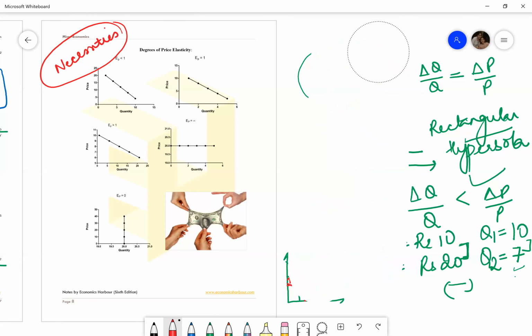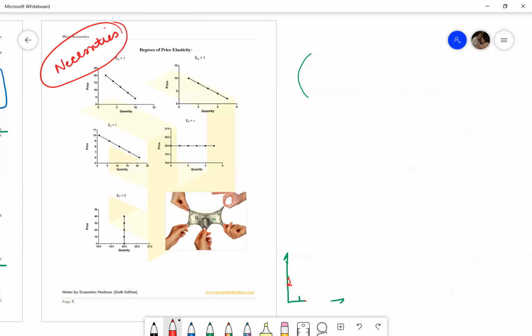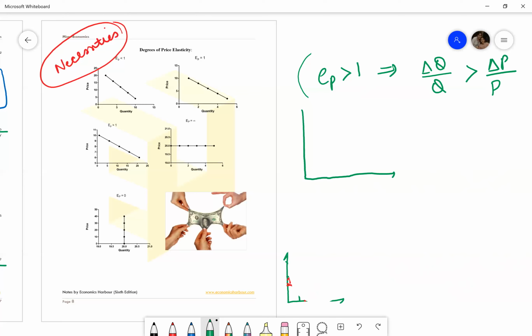Third is when your price elasticity is greater than 1. This implies that the proportionate change in quantity demanded is greater than the proportionate change in price. So even though the price has reduced only a little, the quantity demanded has increased considerably. In this case, the demand curve will be a flatter curve.